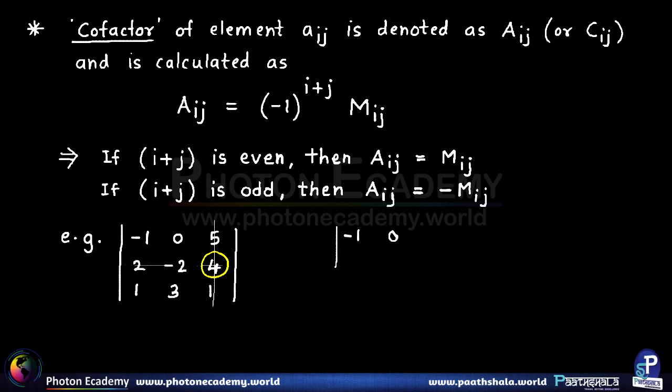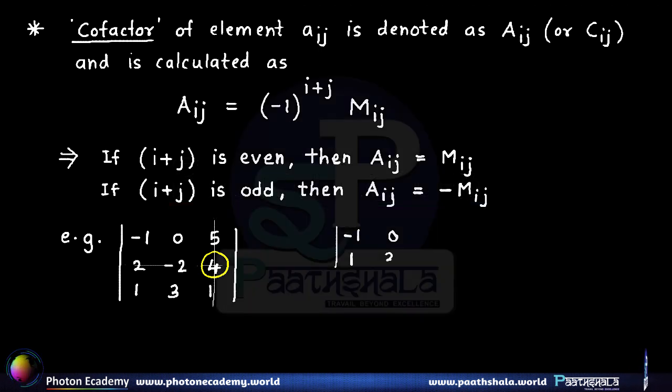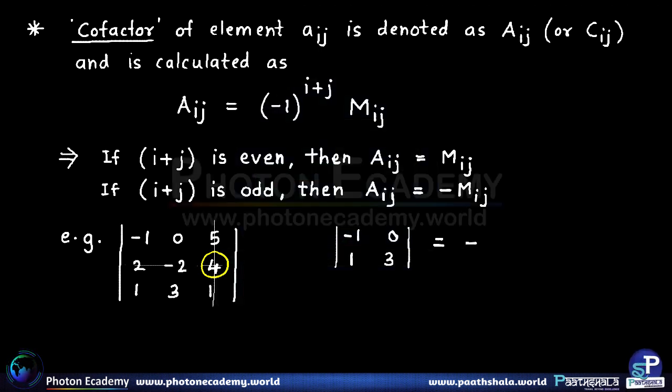This is only the minor of that particular element. If we evaluate this, the product of the diagonal elements is -3, and from that we subtract the product of 1 and 0, which is 0. So the answer is -3. This is the minor.